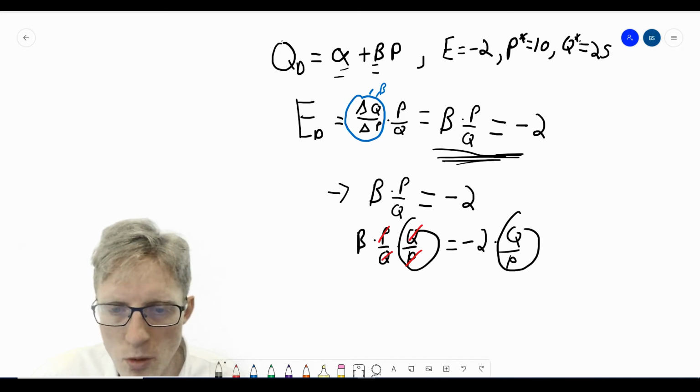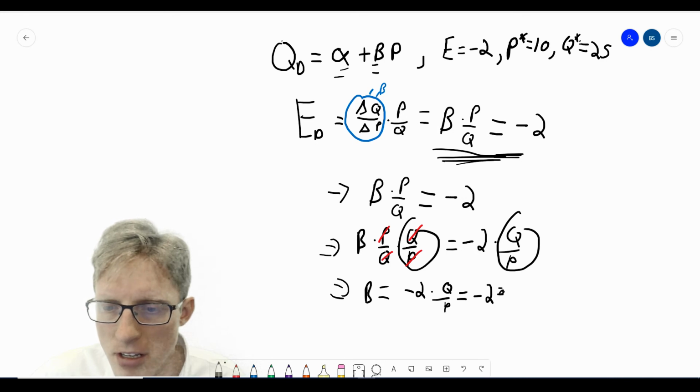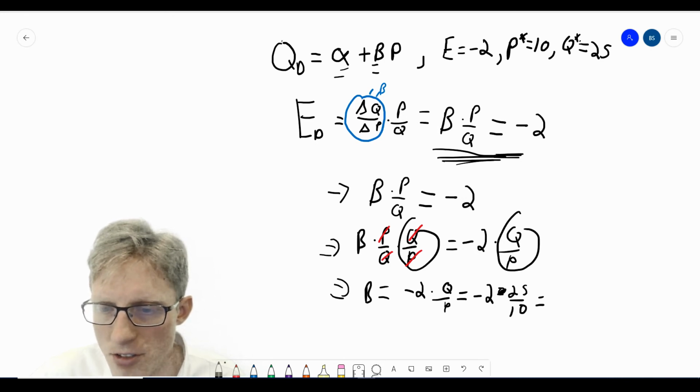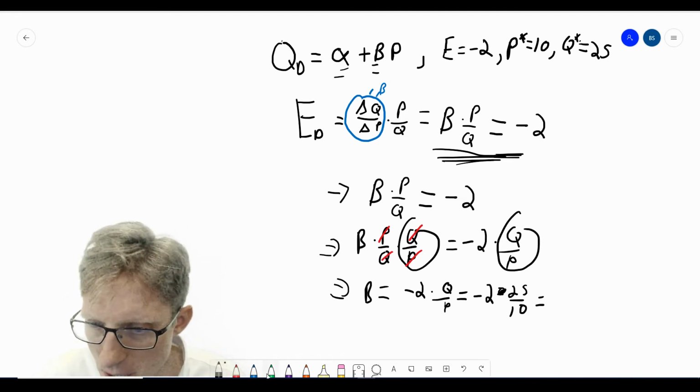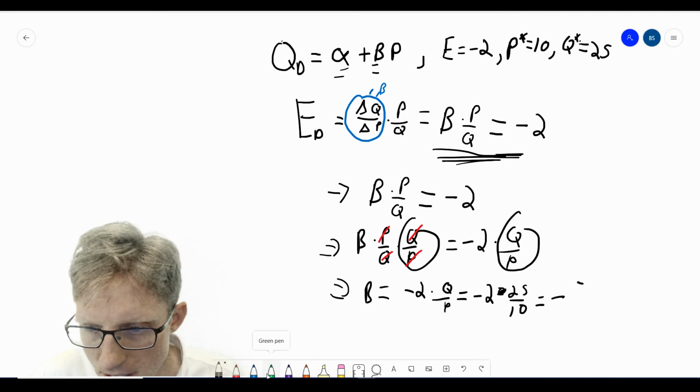And so we're left with beta equal to minus 2 times Q over P, where Q is equal to 25 and P is equal to 10. So beta is equal to minus 5.